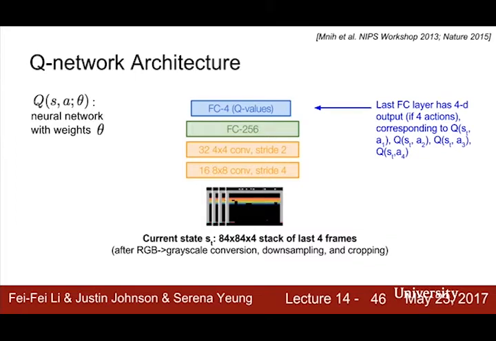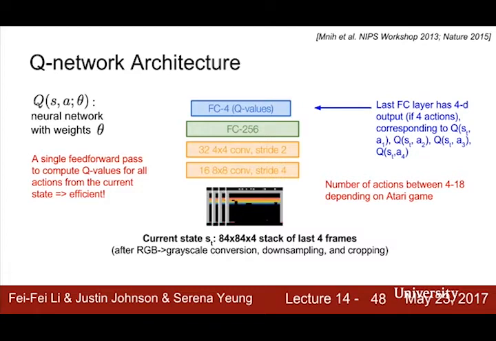For example, if you have 4 actions, then we have this 4-dimensional output corresponding to Q of current S with A1, A2, A3, and A4. So this is one scalar value for each of our actions. The number of actions can vary between, for example, 4 to 18, depending on the Atari game.